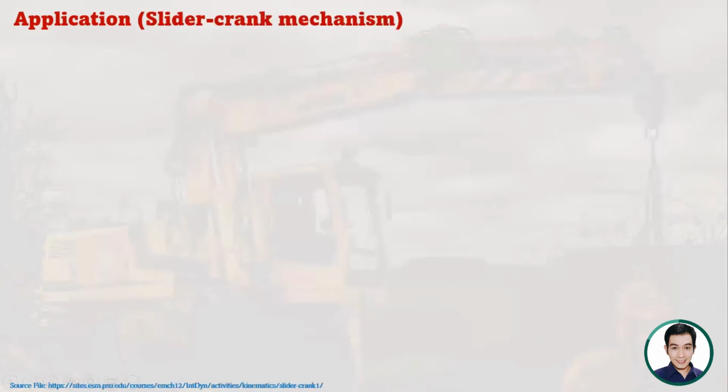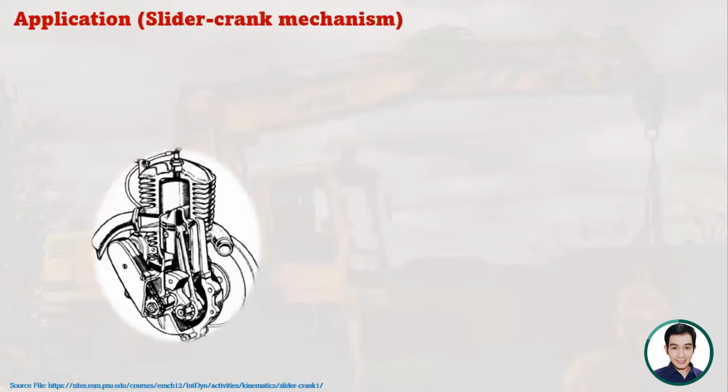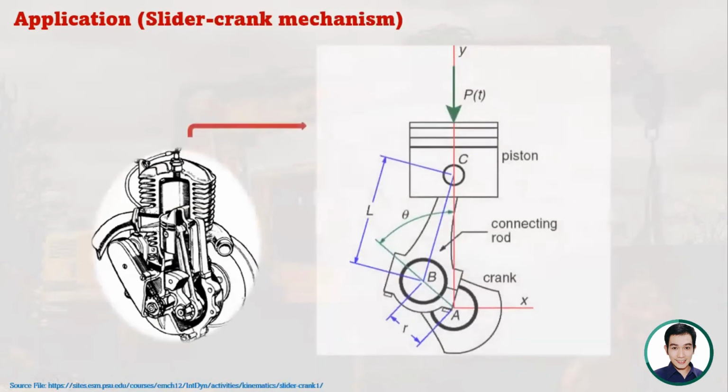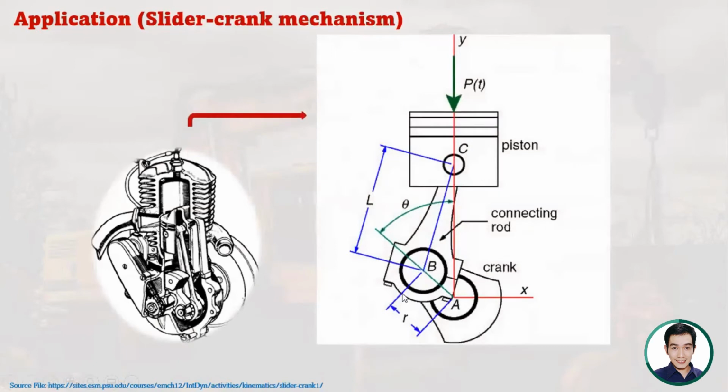For the slider crank, these are actually found in your engine, your IC or internal combustion engine. So the rotation, say for example, of this crank here allows the sliding of the piston head here, piston cylinder arrangement. So that's actually a slider crank mechanism.